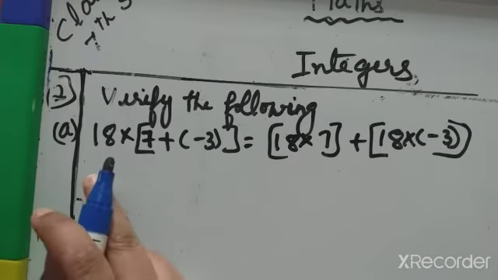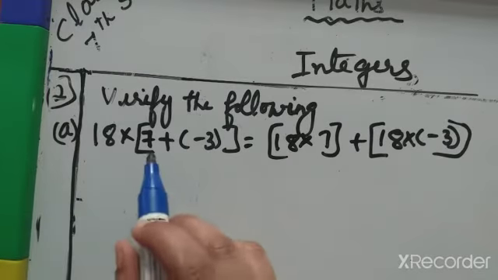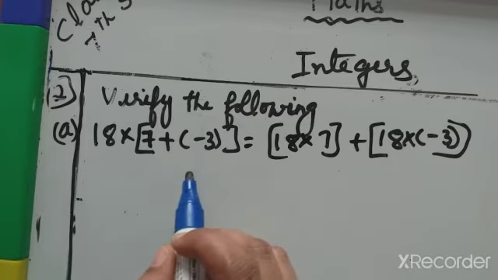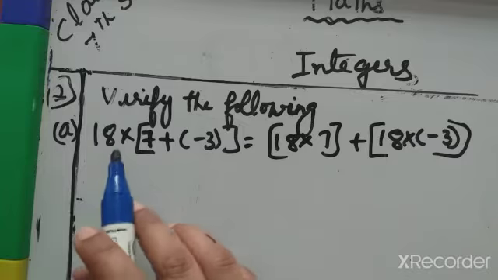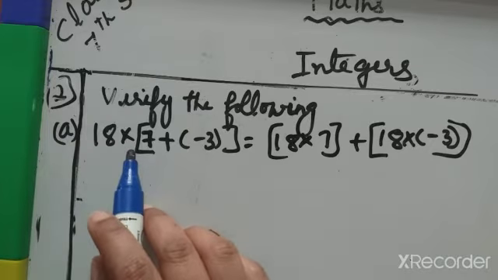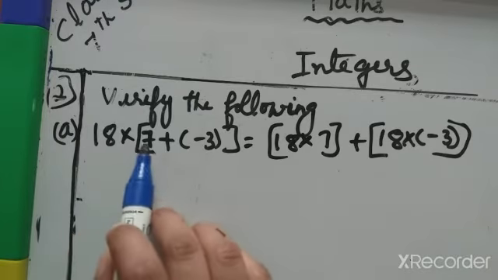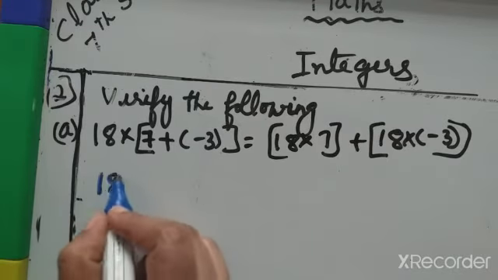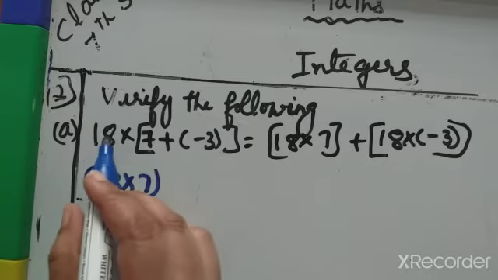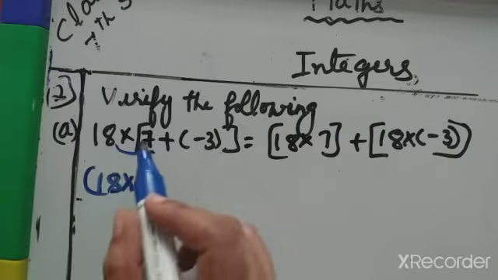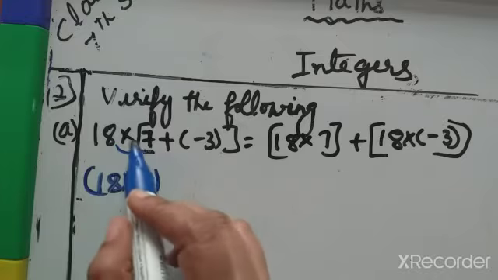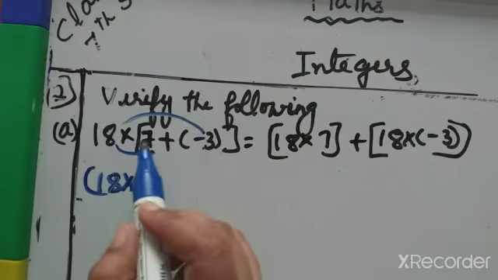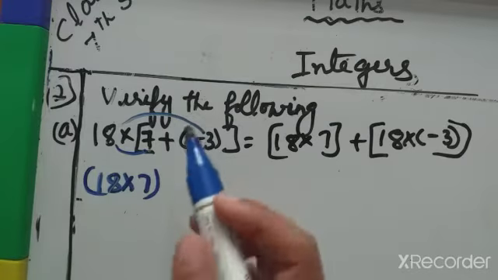Here we can simplify in two methods. 18 as it is, and 7 plus minus 3 means 7 minus 3, how much? 4. 4 into 18 we can multiply, or again we can distribute and check the answer: 18 into 7 plus 18 into minus 3. Distributing 18 with 7 first, then 18 with minus 3.